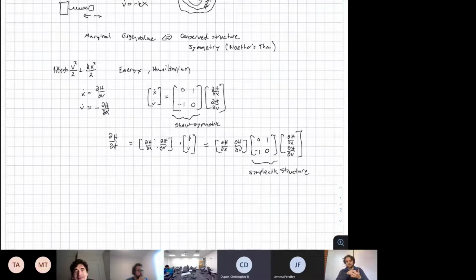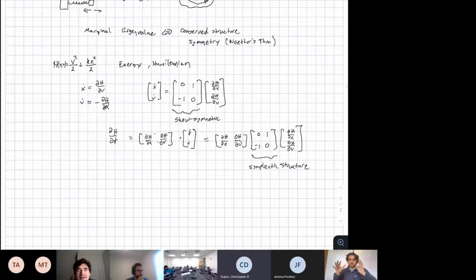Really, it's the fact that we have this at every point in phase space. We have little copies of this skew symmetric matrix that act on all our forms, and as you translate between the different forms, we have some sort of global notion. Okay, so I'm saying it's that matrix, but really it's a copy of that matrix at every point in space. Okay.